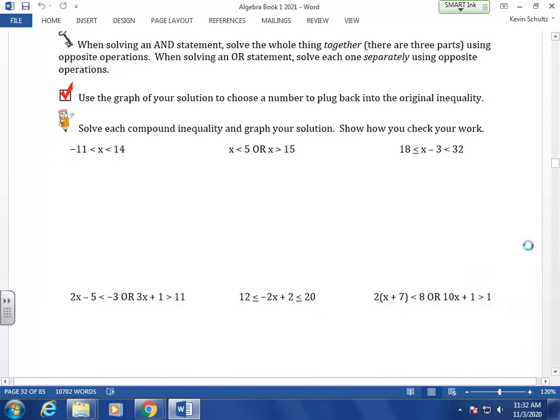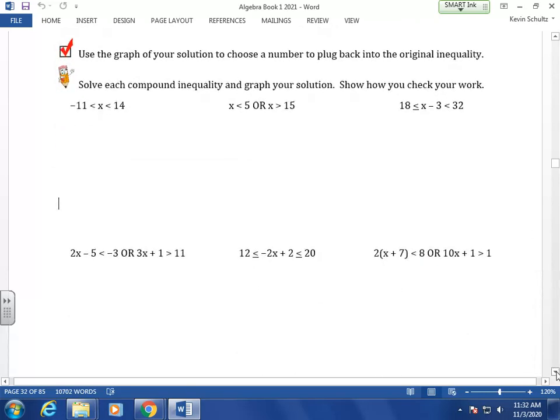So what you're going to see on your test, as far as the more numerical, is something like this: negative 11 is less than x is less than 14. Which type of graph is this inequality going to have? An and statement or an or statement? Why is it going to be an and statement? Because it doesn't say or, right?